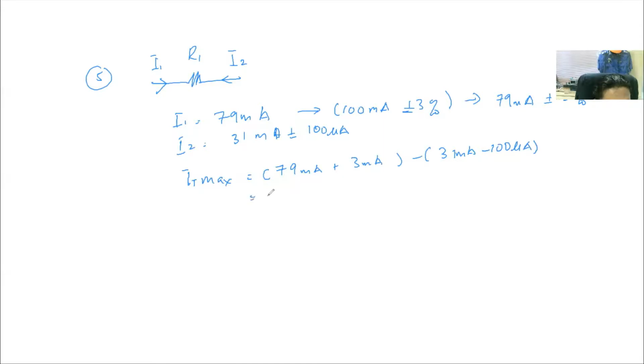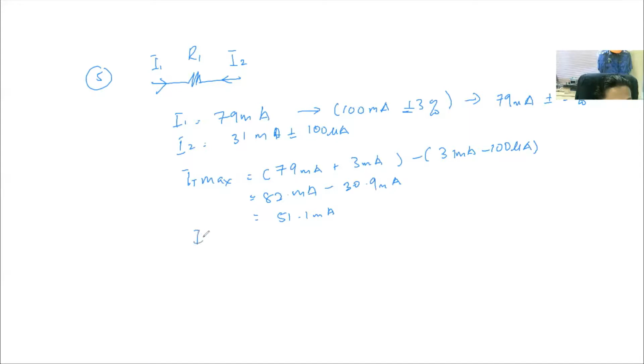So it is 82 milliampere minus 30.9 milliampere. Then the answer will be 51.1 milliampere. That is for current max.